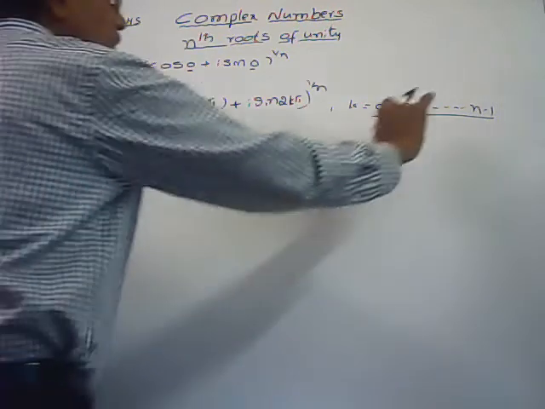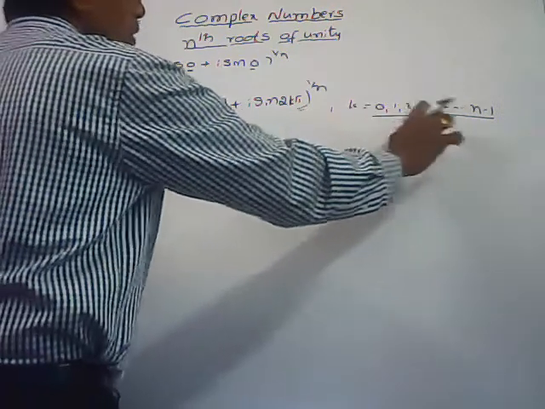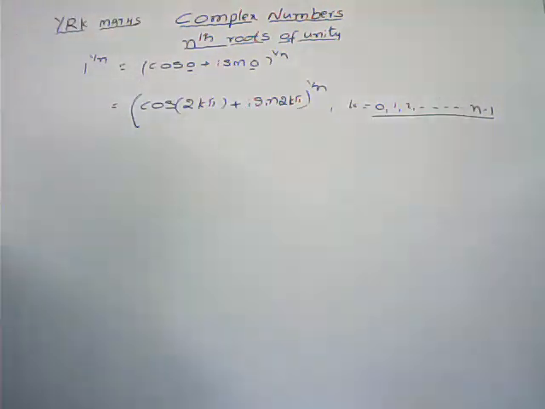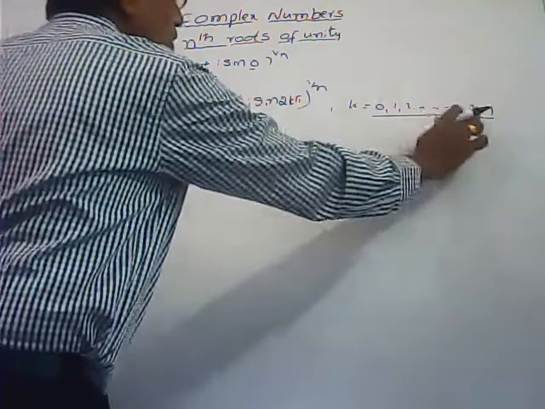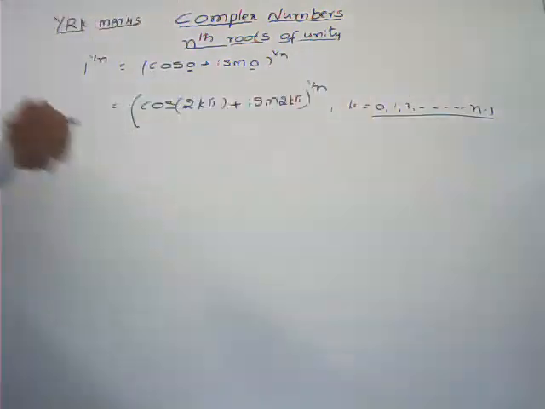If I take some more values after n minus 1, we get n plus 1, n plus 2, and so on. For k equal to 0 to n minus 1, whatever we get, the same values repeat only. So we can take only one partition, and every partition will give the same values.